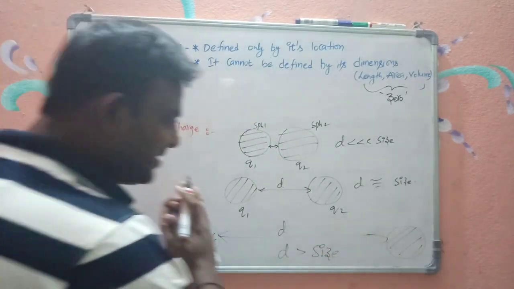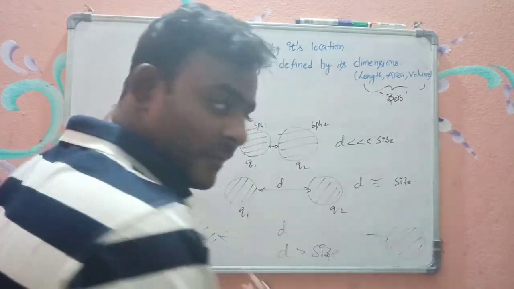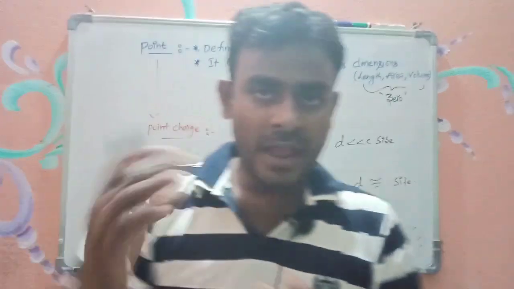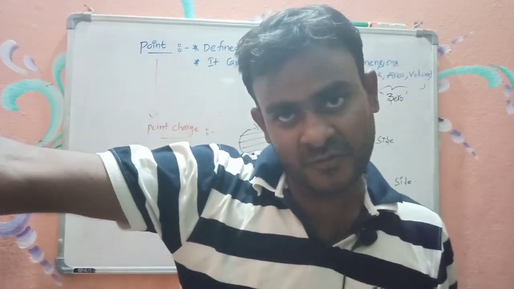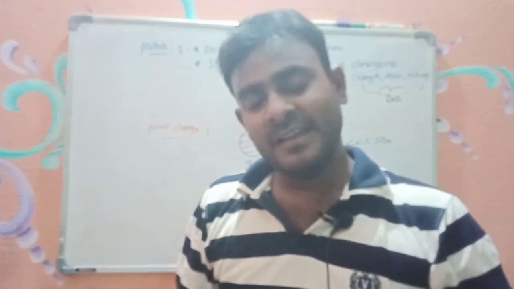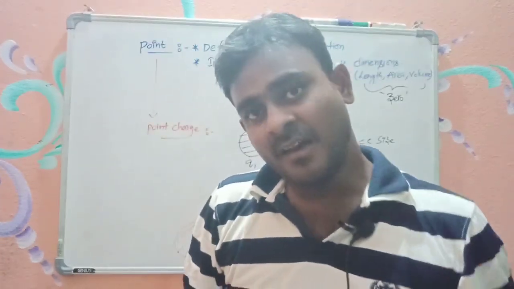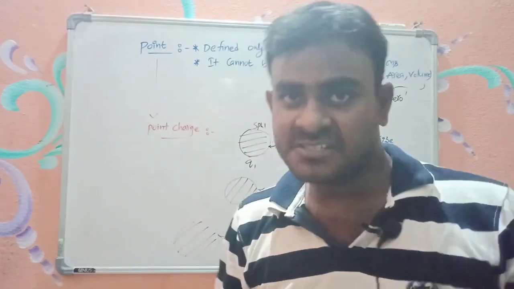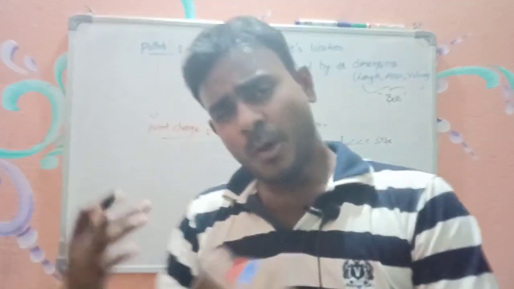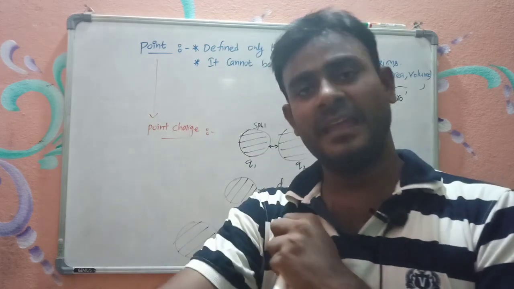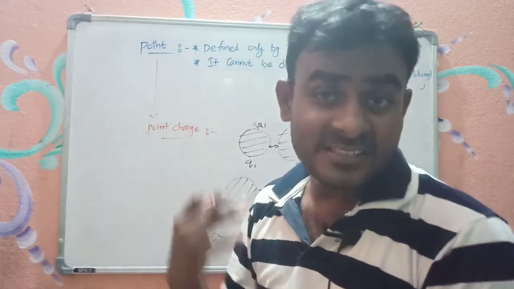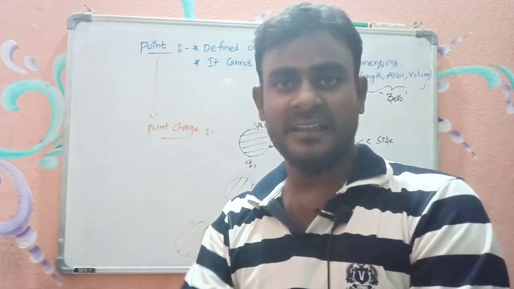If I increase the distance far beyond this, meaning I consider one charged sphere at one side of a cricket stadium and another charged sphere at the opposite side of the cricket stadium, what is the distance between them? It is very high when compared to the size of the spheres. Okay, I am taking an example.